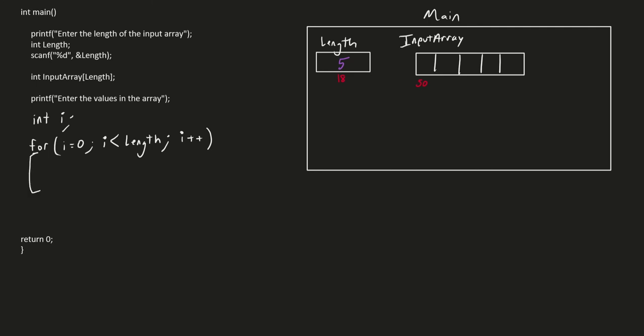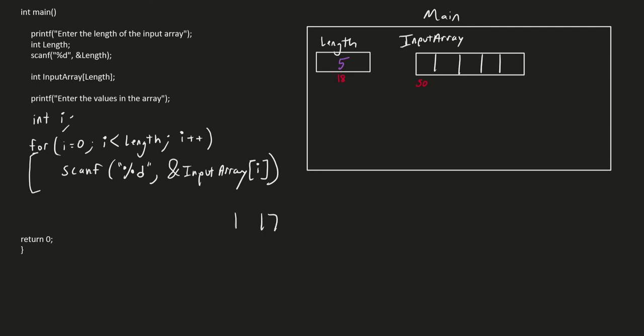And what do we want this for loop to do? Well, every time it runs we want to grab another number. Where do we want to put it? We want to put it at the address of the ith array variable. And this code will actually work for 2 situations. One, the user could press a value, hit enter, another value, enter, another value, enter, until they hit 5 values.